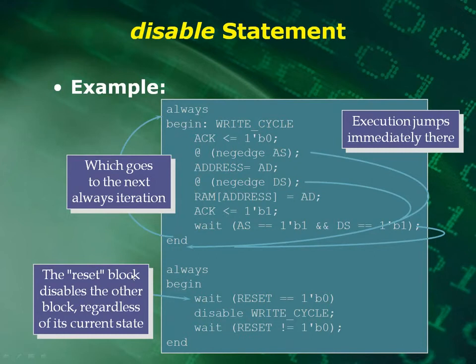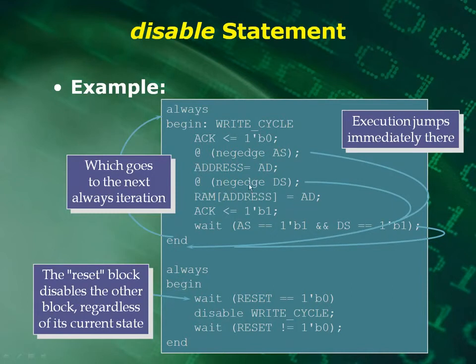So now we have another block that's doing something different, and it says wait for reset equal to 0, and when that happens it says disable right cycle, so it'll actually disable this block. So if we're sitting here waiting for the neg edge of AS, then it's going to jump down here.